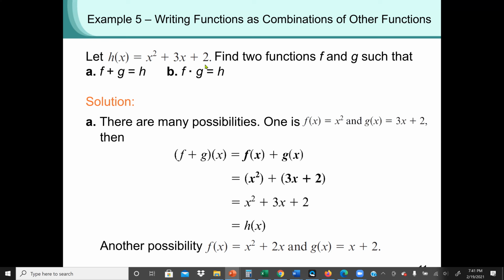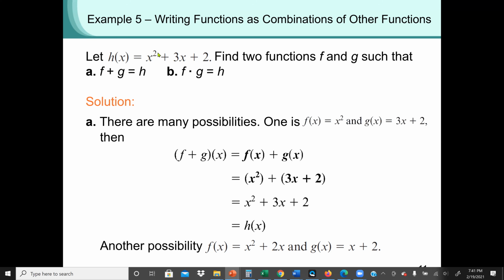Example 1 can be f at x equal to x squared, then g at x will be 3x plus 2, which will give us the sum of the two, x squared plus 3x plus 2, because here we say f plus g is equal to h.